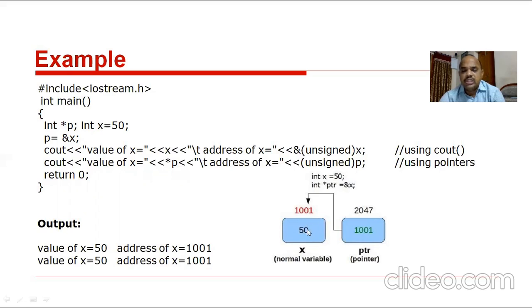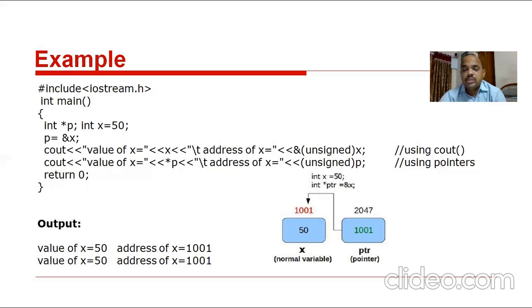That's why the asterisk is an indirection operator. It collects the value from address location 1001, which is x's memory location.